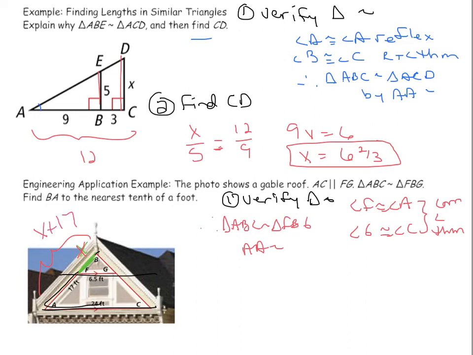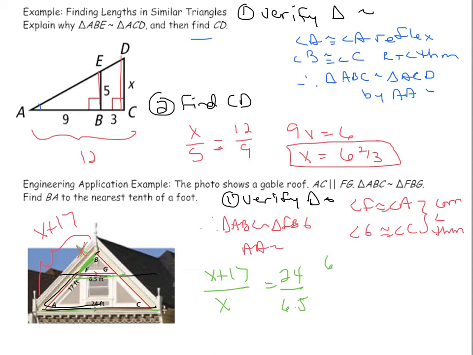So now let's compare. I know the big one to the small one, so x plus 17 matches up with x. And then if I go the other way, the big one to the small one, I have these sides, 24 matches up with 6.5. So now use your cross products, okay?